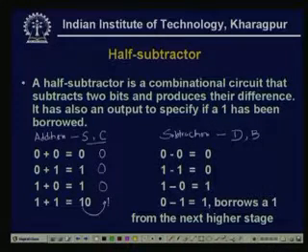Now, if I want to change this addition operation into subtraction, what we can do is this: 0 plus 0 equal to 0, so as if one operand from here, say this 0, I can shift to the right side. That means this will be 0 minus 0.